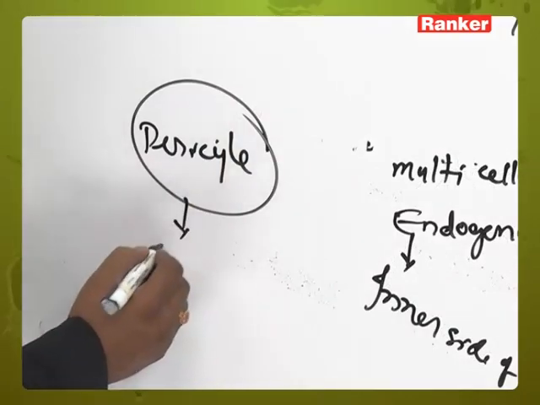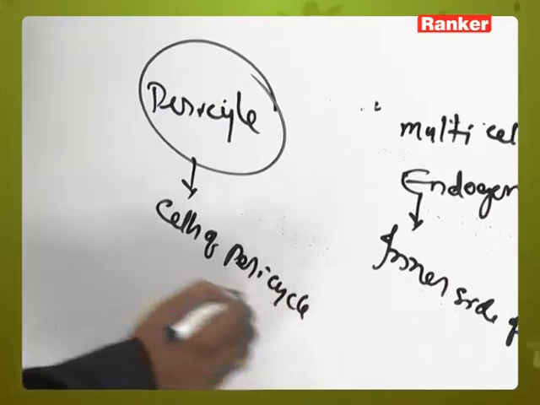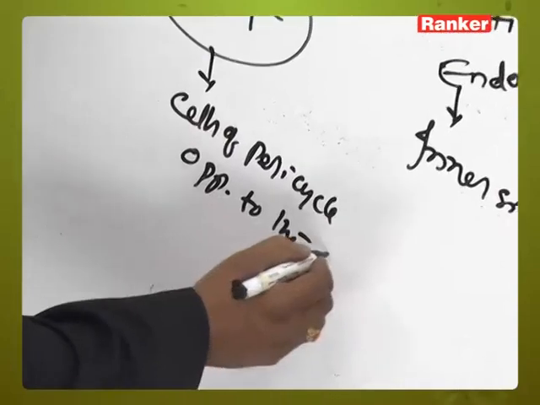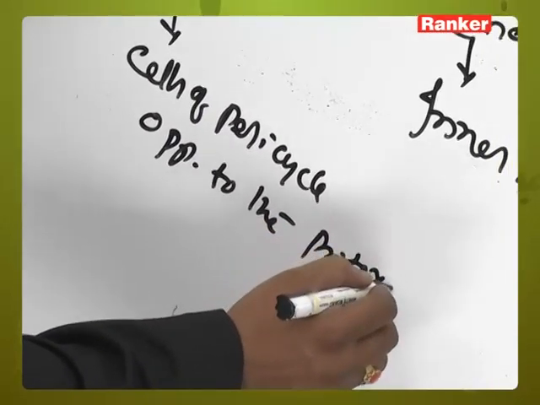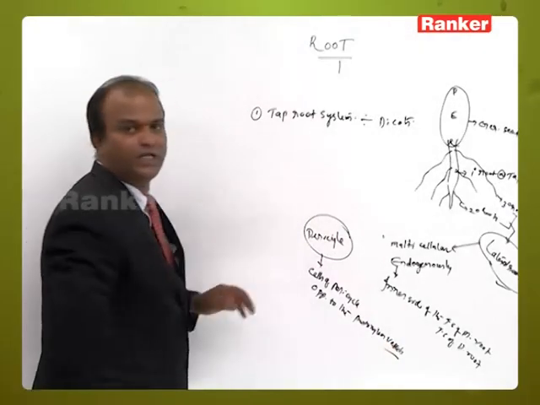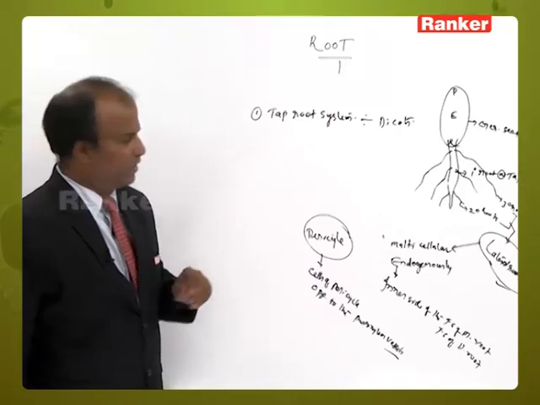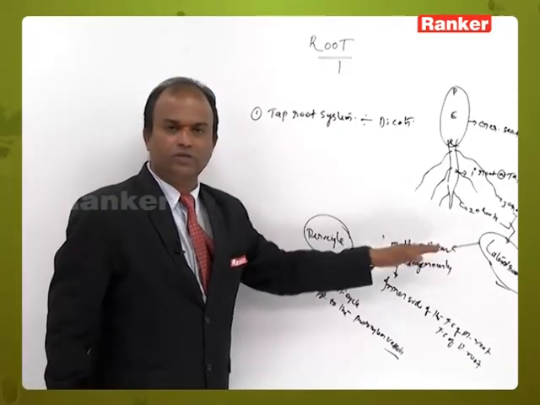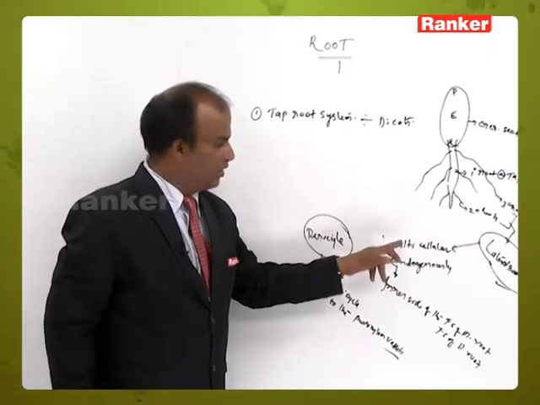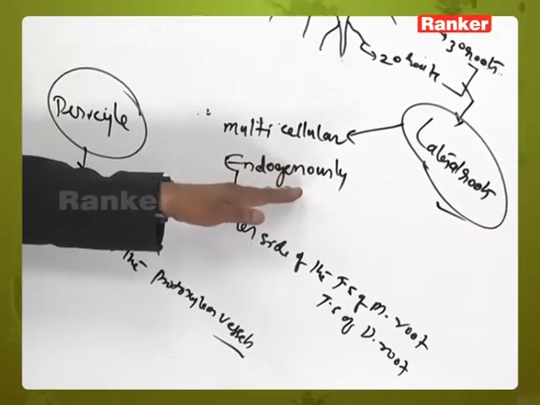So that's why it is called endogenous. Once again, I am explaining: these lateral roots are multicellular, not unicellular, and endogenous, not exogenous.